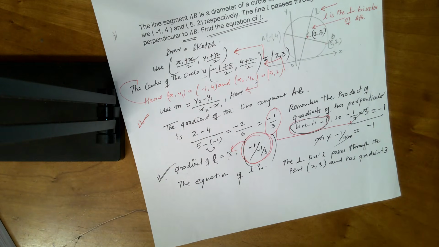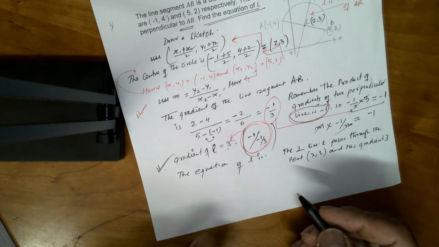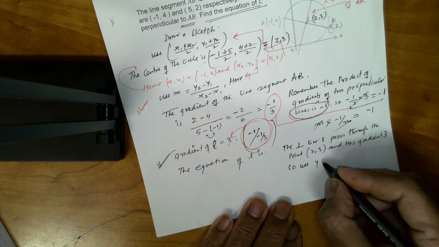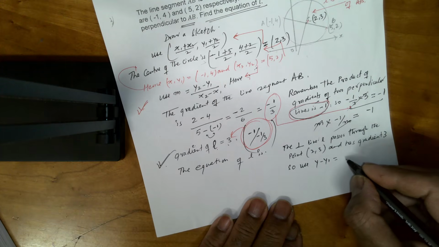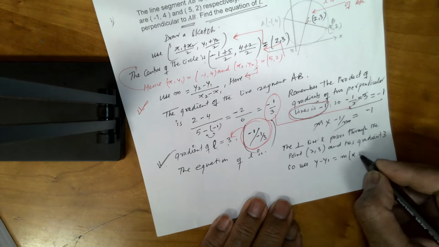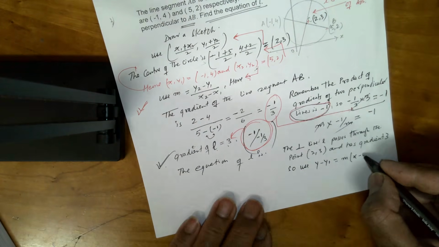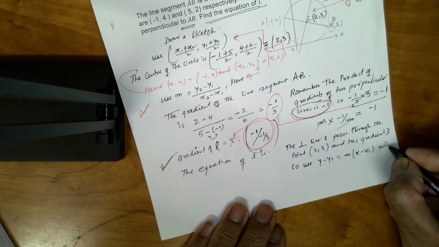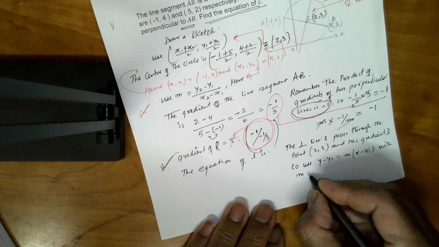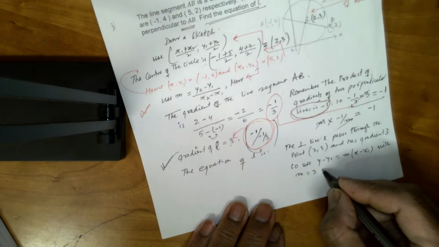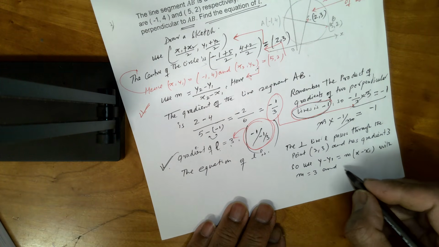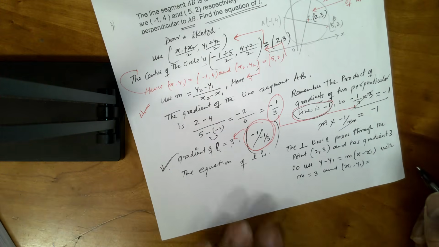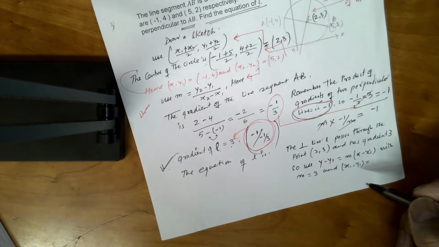So what we do, we use this formula, y minus y1 equals m times x minus x1, with m equal to 3, and x1 and y1 being 2 and 3.